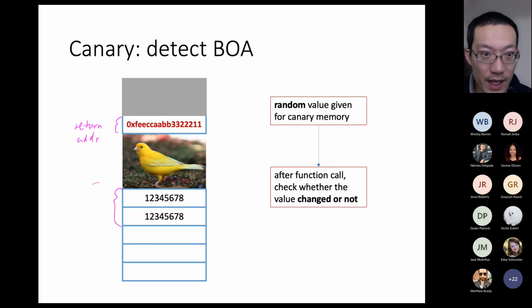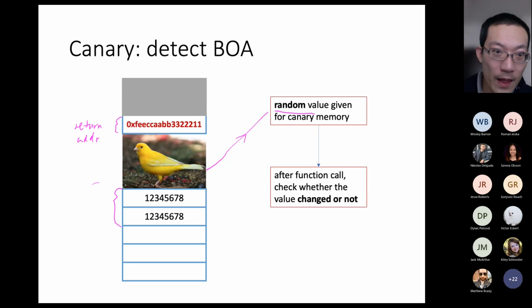But for the canary case, we actually fill in some random value. This random value would be checked to see whether it has been changed.